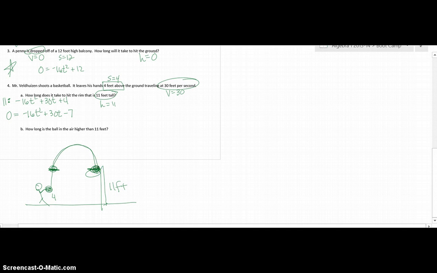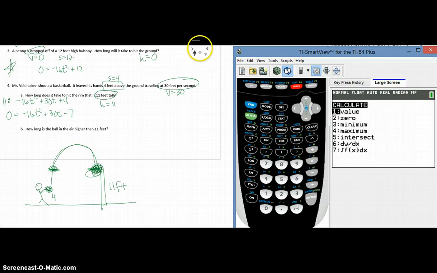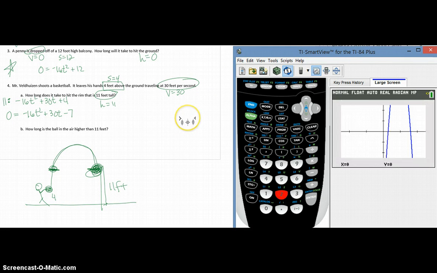So which x-intercept do we want for when it hits the rim? This second x-intercept here. Okay, so let's look at it. If we go into our calculate menu, we're going to calculate a zero, which is option 2. I'm going to use my left and right arrow keys. I want to have my cursor to the left of my x-intercept.